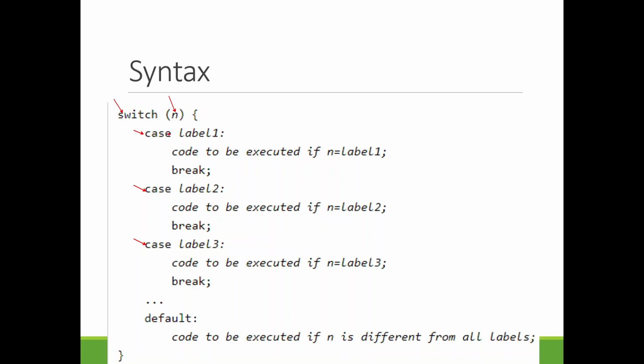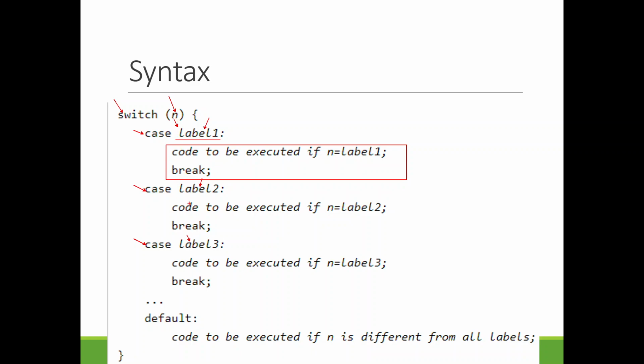Now, in the first case, we have a label, label 1. In the second case, some label. Now, this label is actually also a value. Now, if this value here matches the value of this variable, then this code will be executed. I don't know if you're getting me. If label 1 matches the value of n, then this is going to be executed.